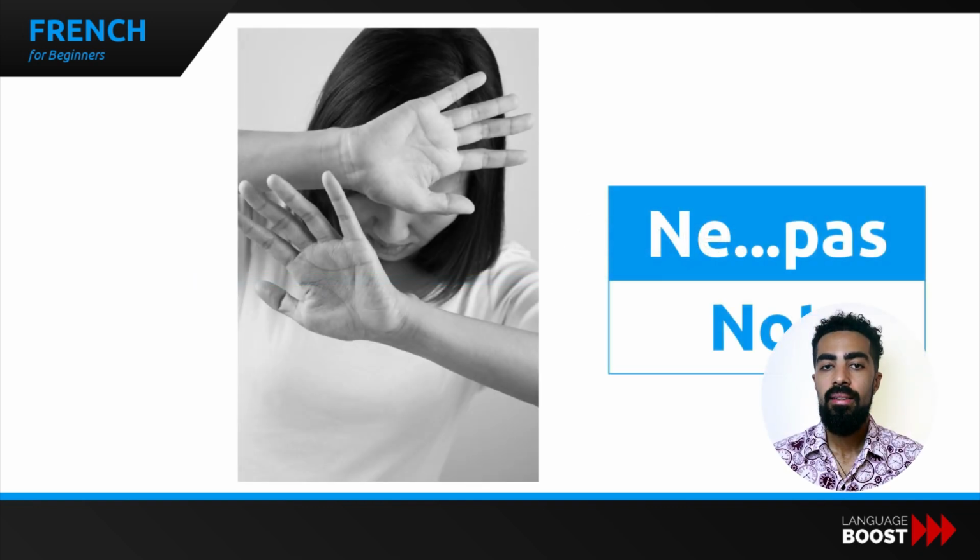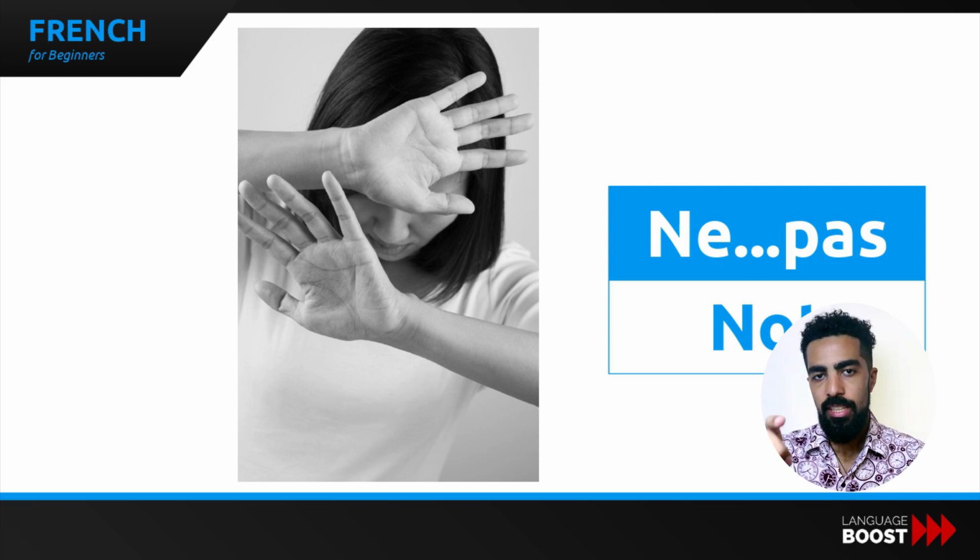Ne pas. You see, this is an interesting feature of the French language. So if you want to say, I don't want, or I don't work, I don't study, you need two words. You say ne, then you put the verb, and then you say pas. So for example, instead of saying I don't work, you would say I ne work pas.